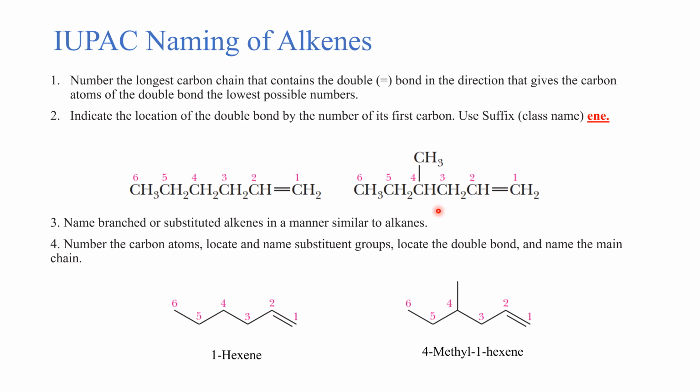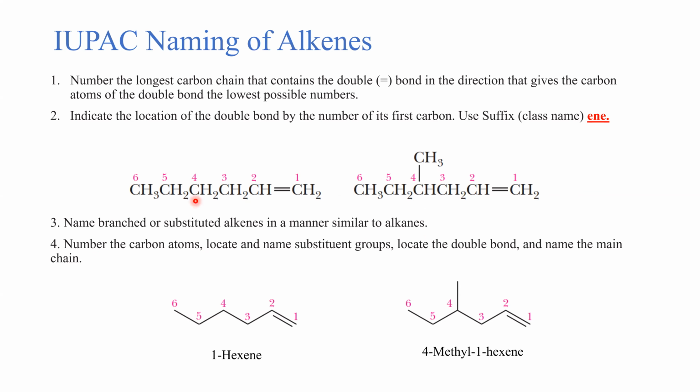If it is 3 carbons, we will use the parent prop; if it is 5 membered, we will use pent, and depending on that we have to adjust its suffix with the class name.